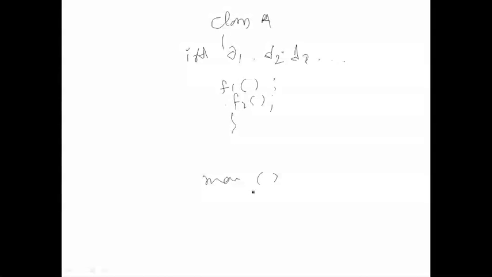In that case we want to create objects of that class. In main, we create objects: class A, object 1, object 2, object 3. So we are creating 3 objects. Another concept is that we can create arrays of objects. If we create OR, an array of objects, suppose of size 5, then OR 0 is one object, OR 1 is another object, OR 2 is another, and likewise OR 4 is another object.